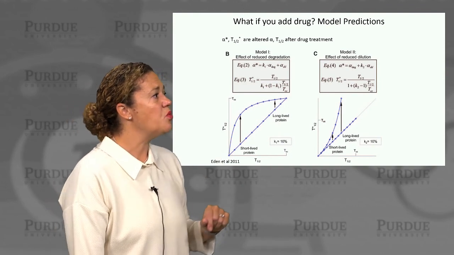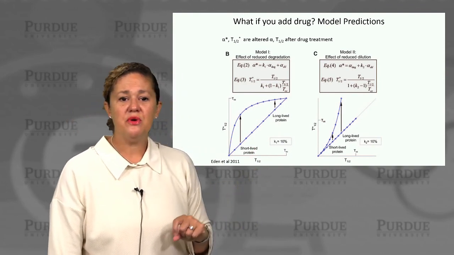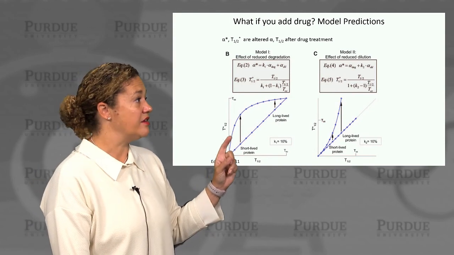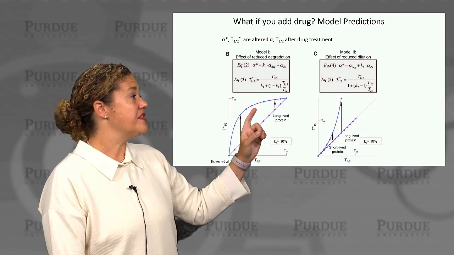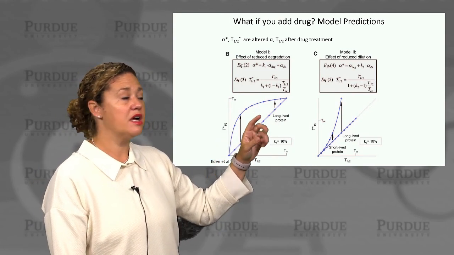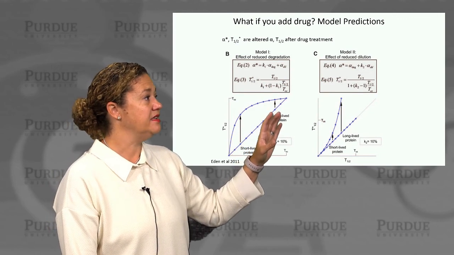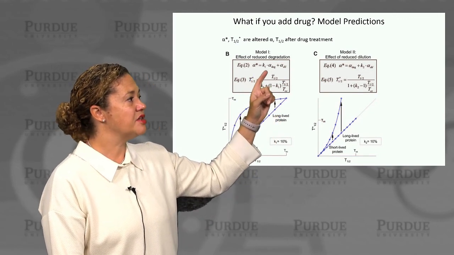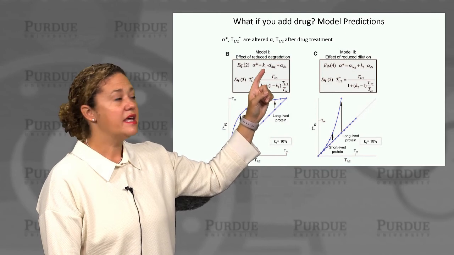They asked the question, well, what if you add a drug that might change either? You could look at the effect of that and think of, in one extreme, if the drug only affected degradation, then we can add this term here that represents our drug, K1.